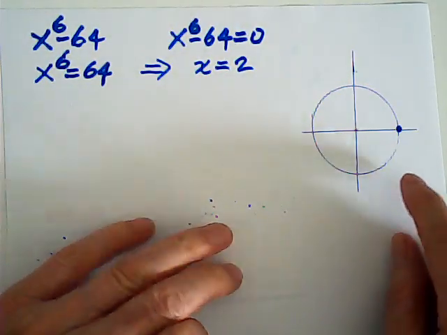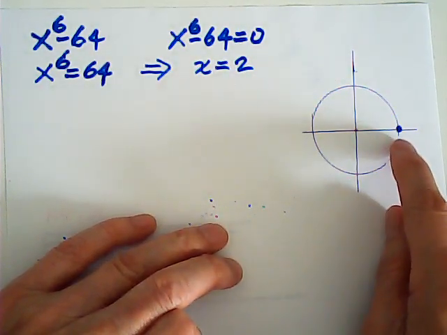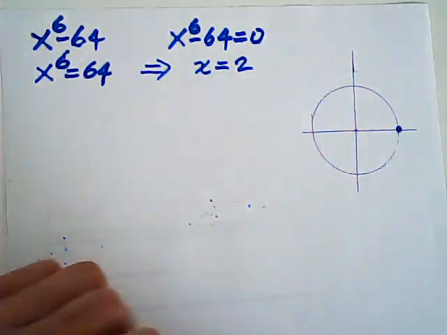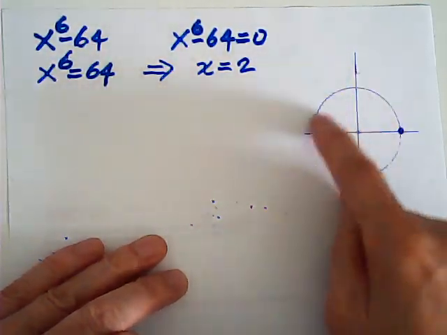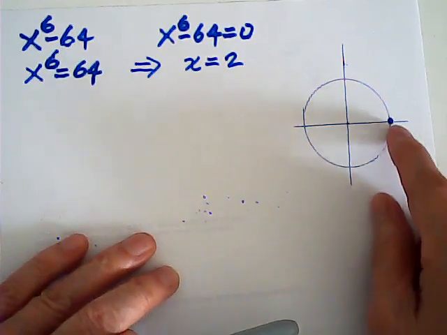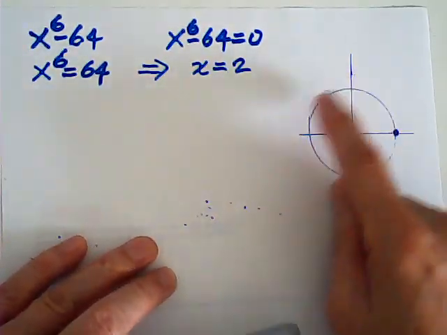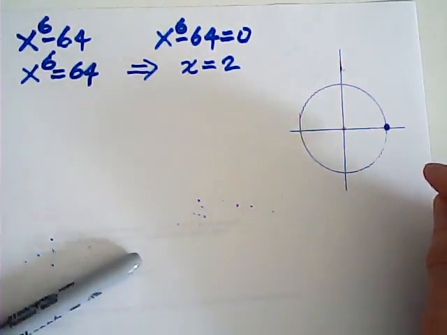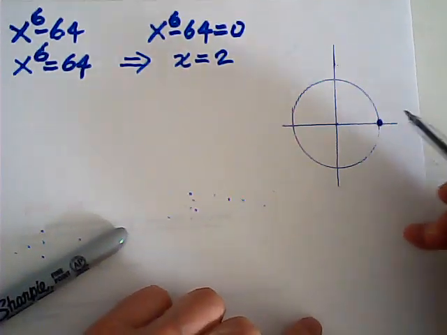These 6 roots all lie on a circle of radius 2 because the modulus is 2. And they divide the whole complete angle, the whole circle, into 6 equal parts. So each one is 60 degrees.